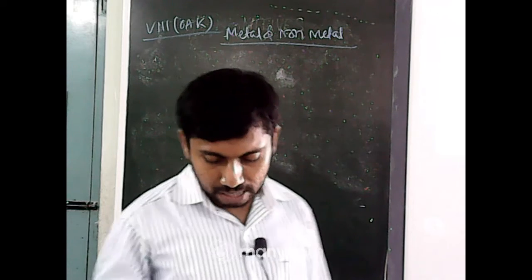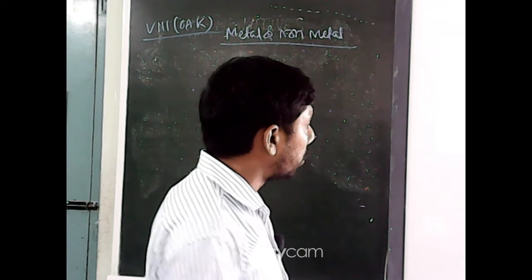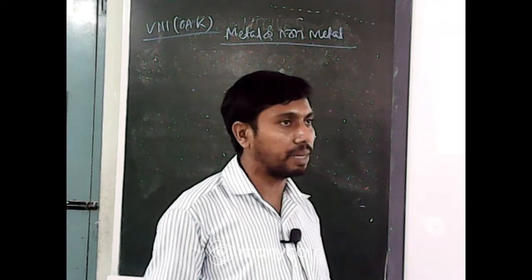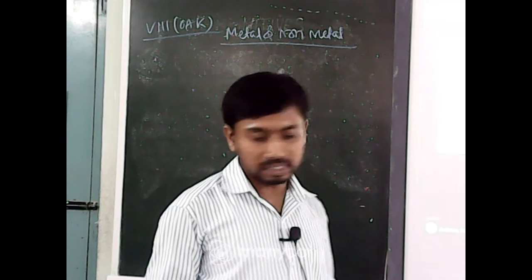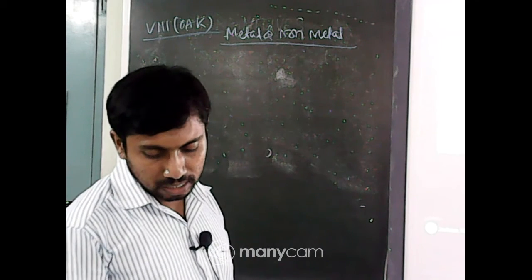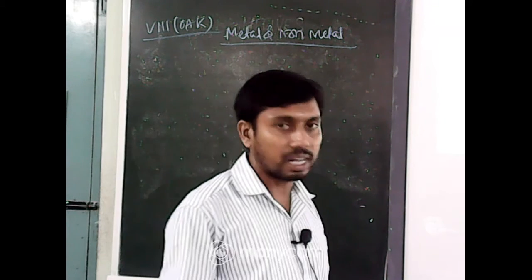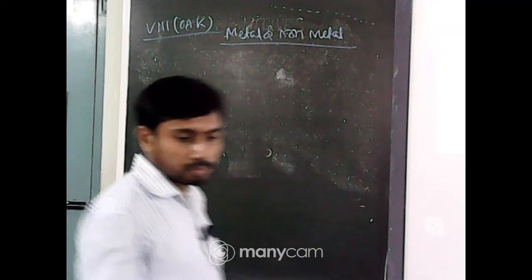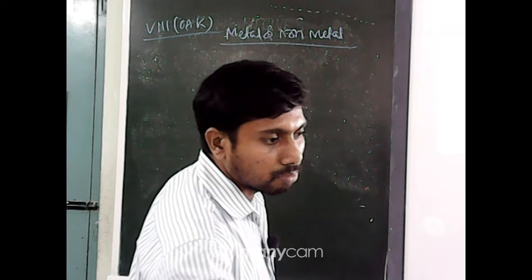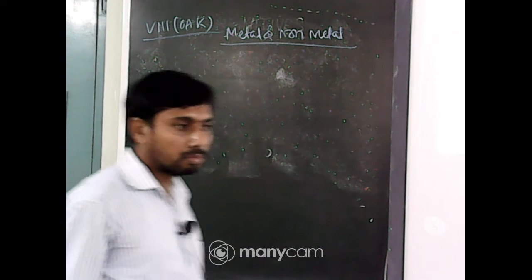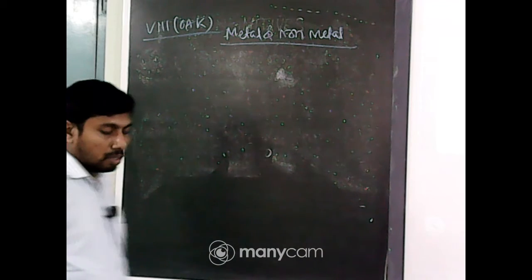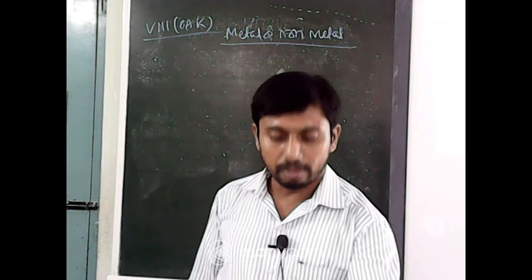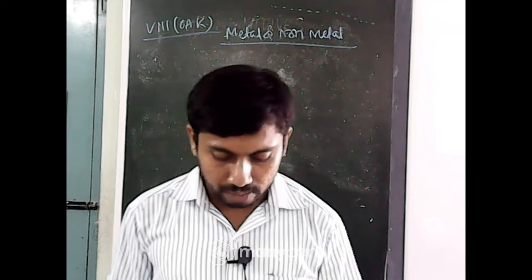So on this page number 49, you can see that there is a chart given regarding the names of some metals and their reactions with dilute hydrochloric acid and dilute sulfuric acid. I already discussed the magnesium ribbon at room temperature with hydrochloric acid.